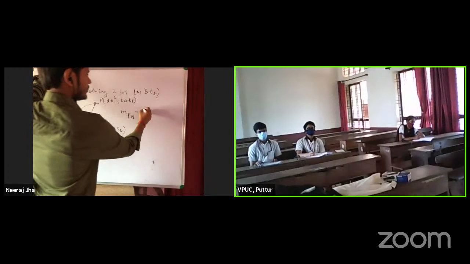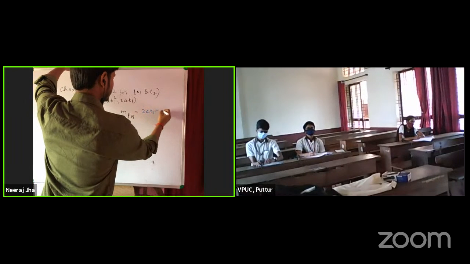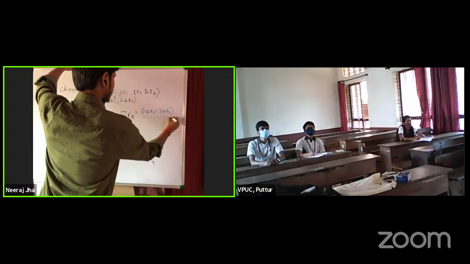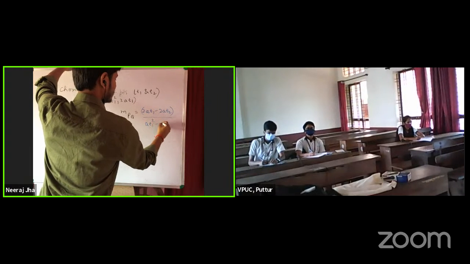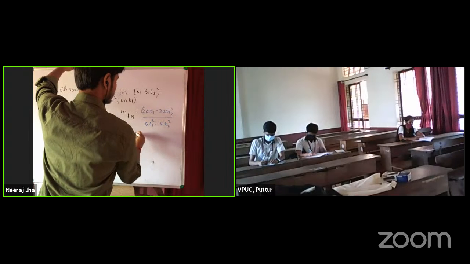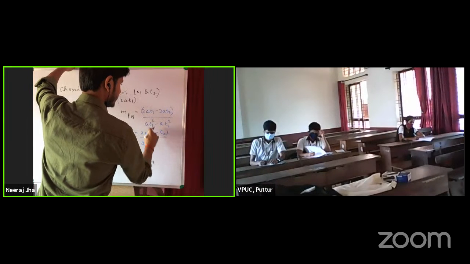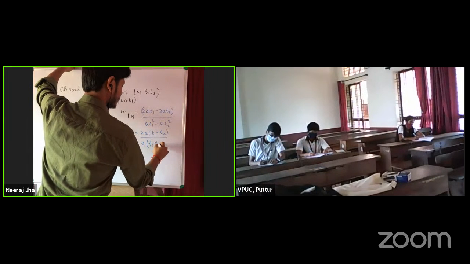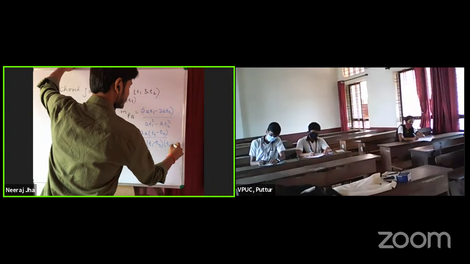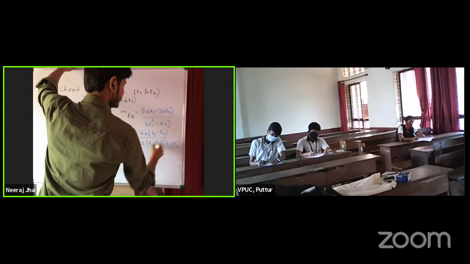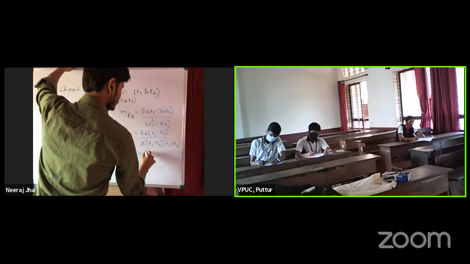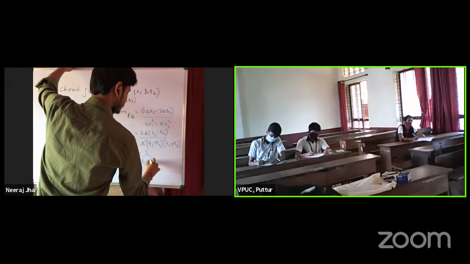Slope is 2at1 minus 2at2 divided by at1 square minus at2 square. If I take 2a common, I'll be getting t1 minus t2 upon a into t1 square minus t2 square, which is t1 minus t2 into t1 plus t2. A cancelled. So this is 2 upon t1 plus t2.